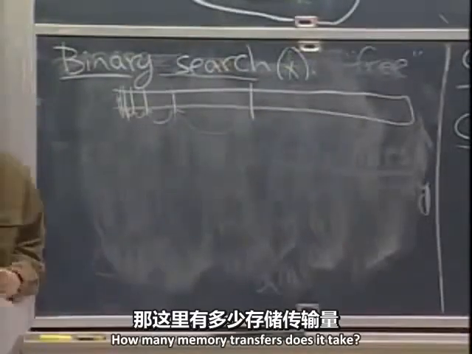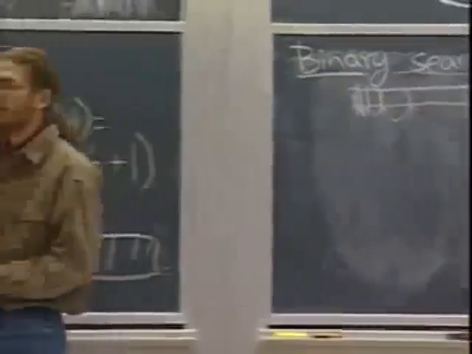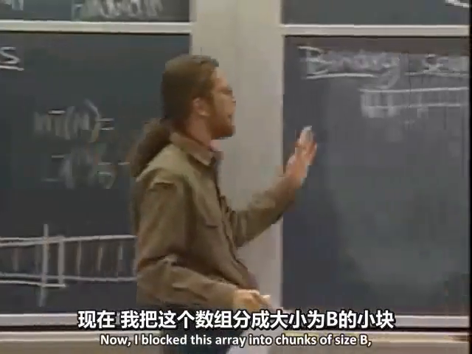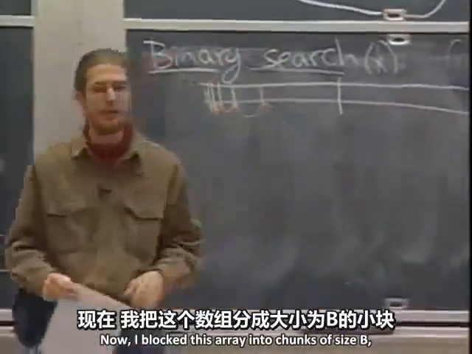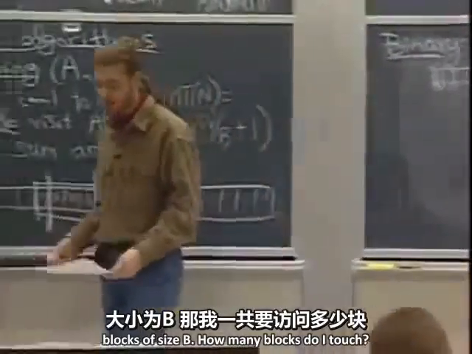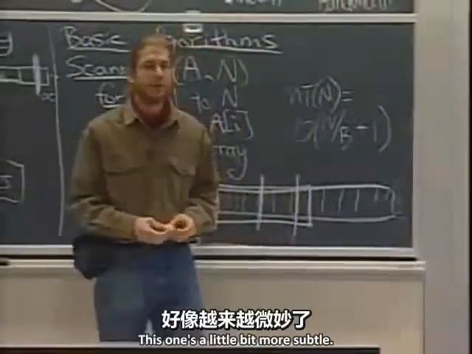How many memory transfers does it take? Now I've blocked this array into chunks of size B, blocks of size B. How many blocks do I touch? This one's a little bit more subtle.